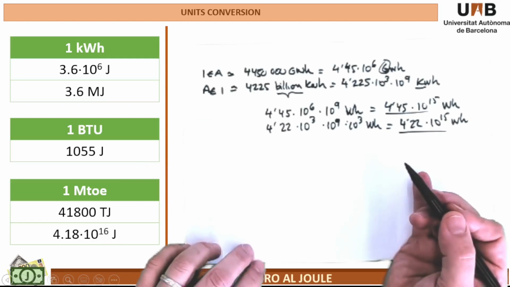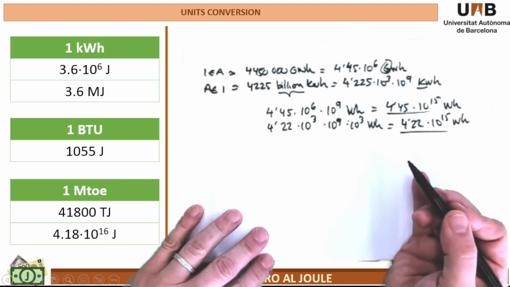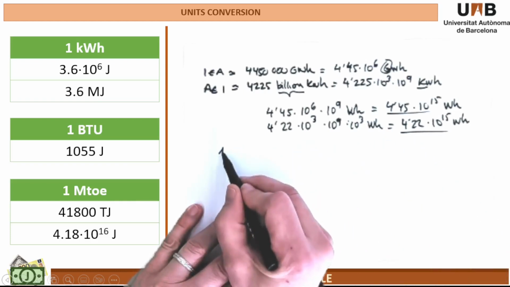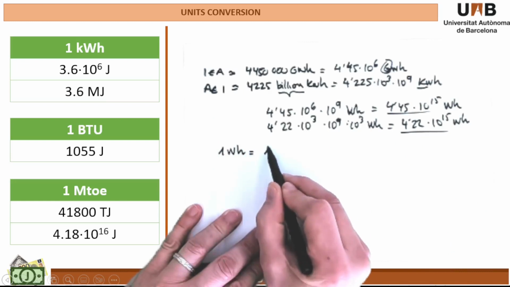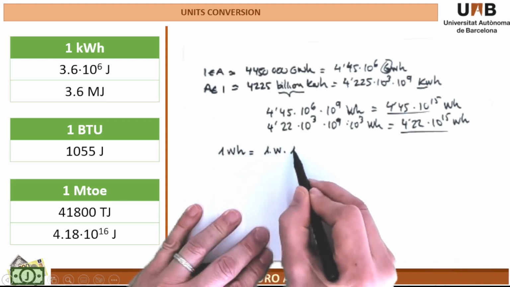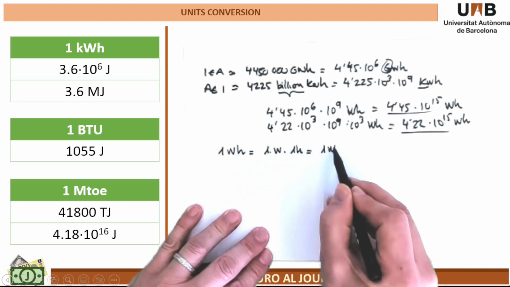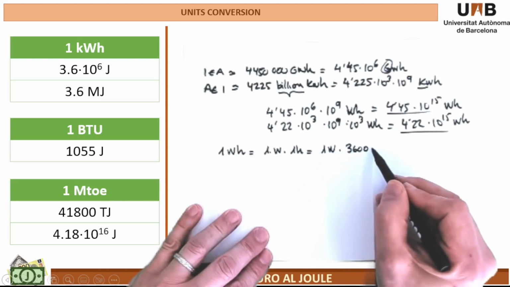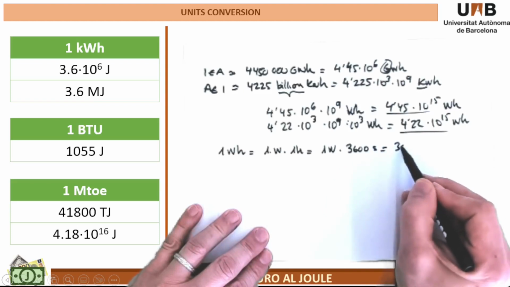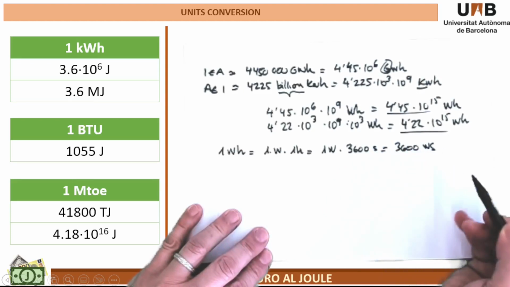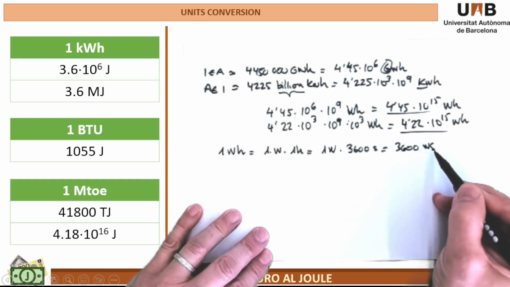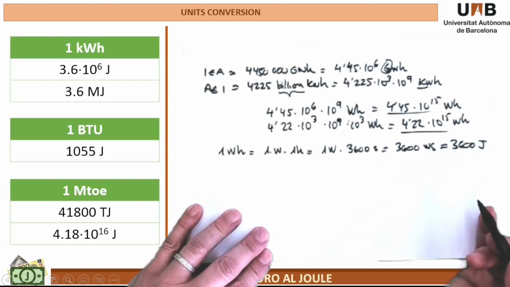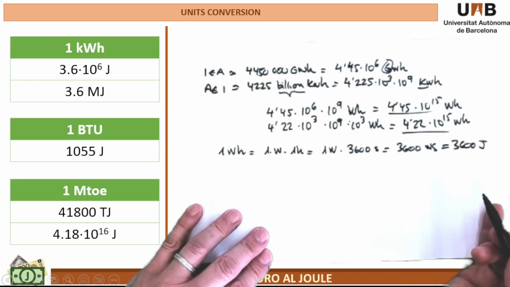If we want to convert it to joules, you have to remember that 1 watt hour is 1 watt multiplied by 1 hour, that is 1 watt multiplied by 3600 seconds, that is watt second, and 1 watt by 1 second is 1 joule. So this is like this amount of joules.